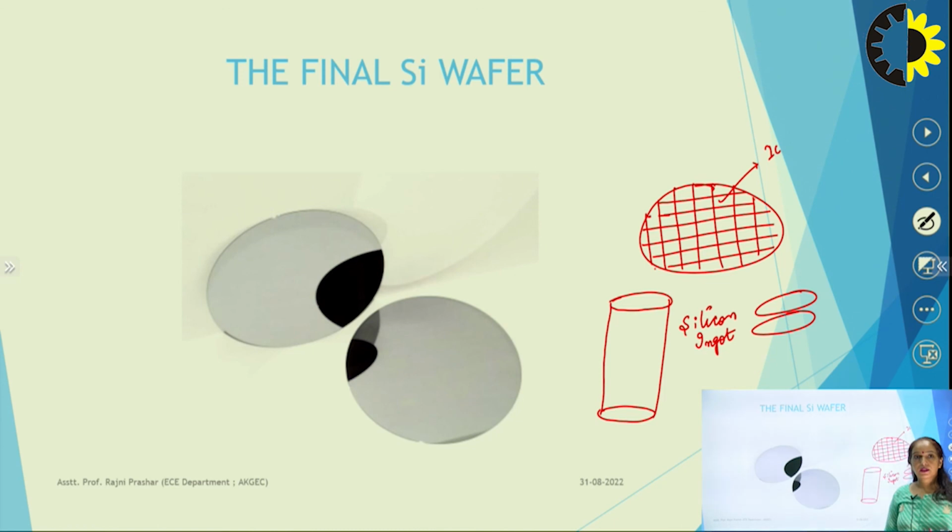Their defects are studied, how many defects are present in these wafers and ingots, how these defects can be monitored, how these defects can be used to our advantage, and how these wafers are sliced to be used as a foundation for any IC technology.